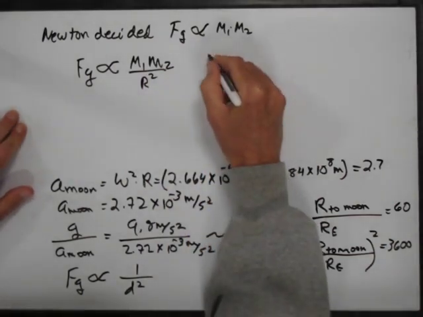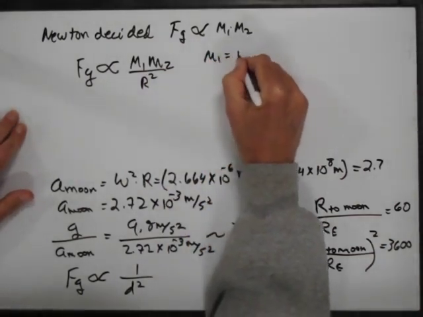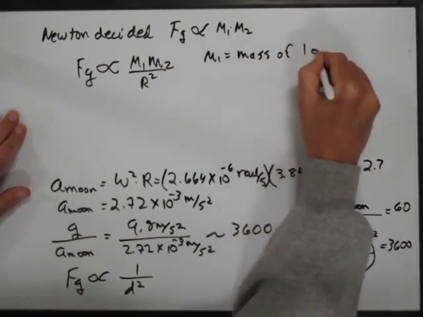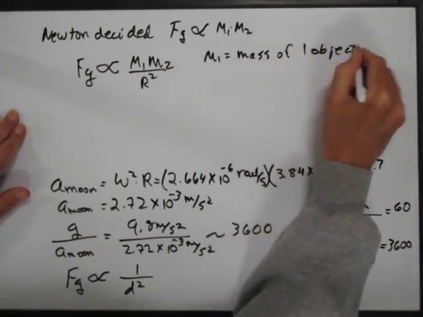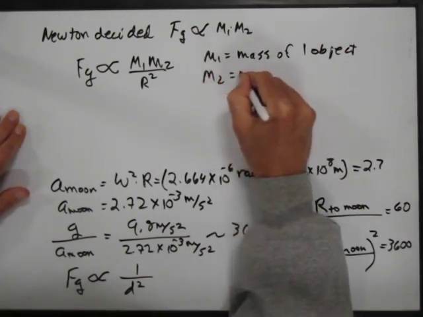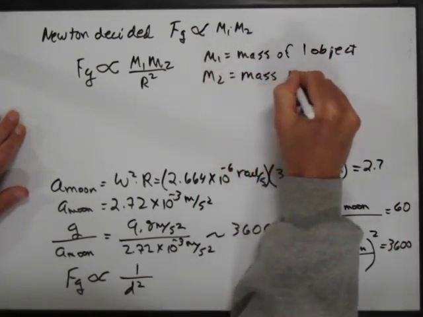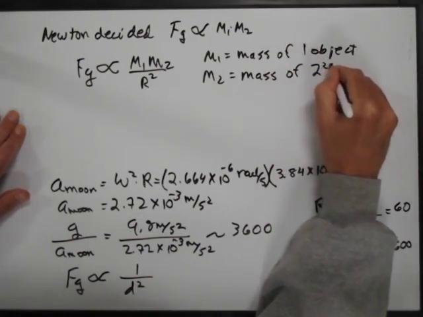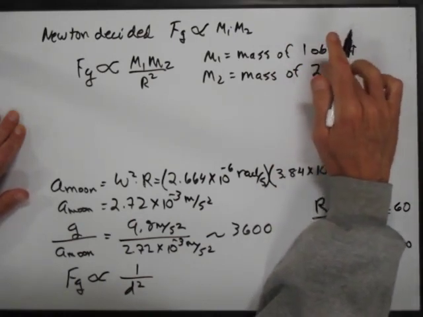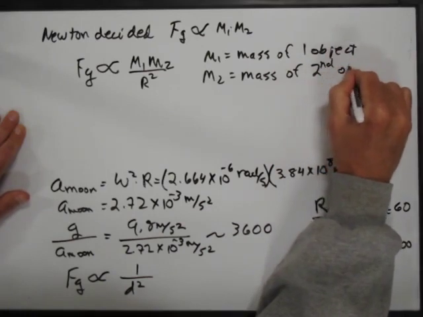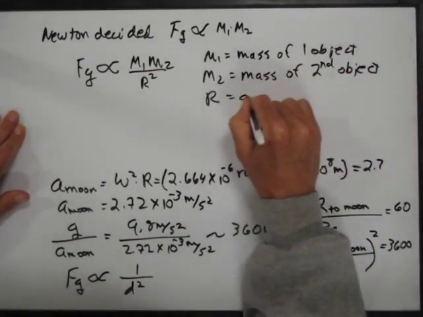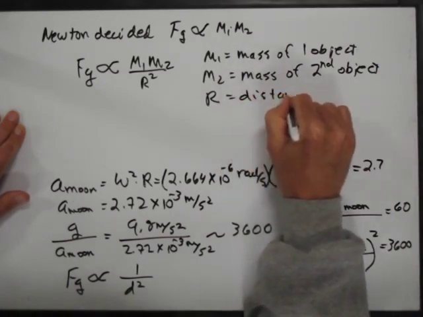So m1 equals the mass of one object, m2 equals the mass of the second object, r equals distance. You can use d there.